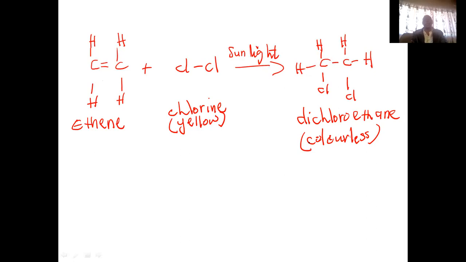So this is the reaction which actually takes place, where ethene reacts with a halogen in the presence of sunlight, and you produce actually this substance. In this case, since it was reacting with chlorine, and we have 2 atoms of chlorine, we will form dichloroethane. Be careful, it's no longer now ethene, but it's dichloroethane, because this is actually an alkane.